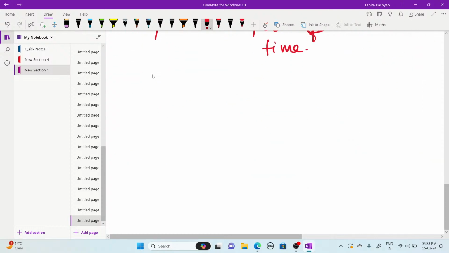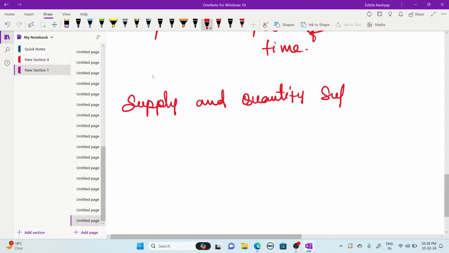Now, what is the difference between supply and quantity supplied? Supply is the amount of commodity that producers are willing to sell at different possible prices.